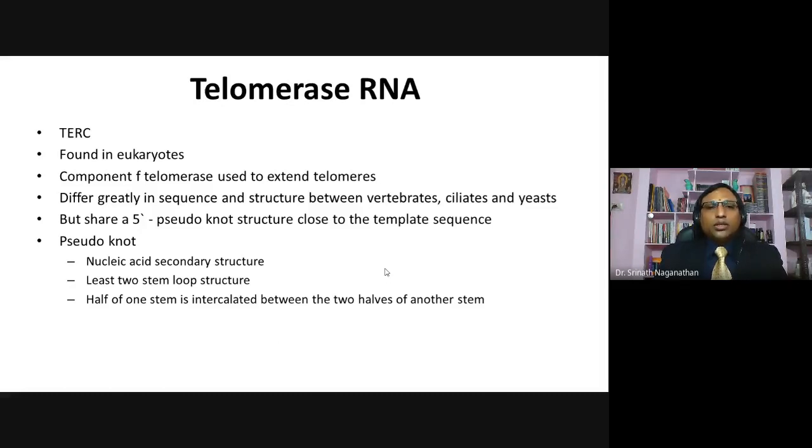The pseudoknot is a nucleic acid secondary structure with at least two stem-loop structures, in which half of one stem is intercalated between the two halves of another stem. In mitotic as well as meiotic division, this is widely used for telomerase formation at the end of the chromosomes. So this is present at the end region basically.